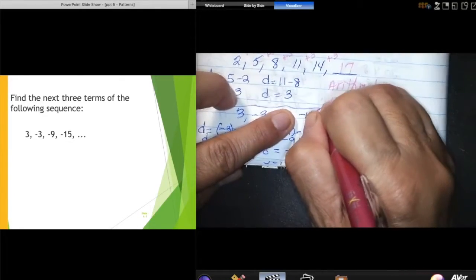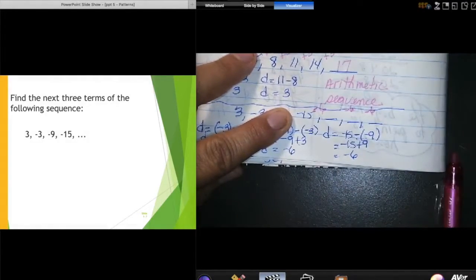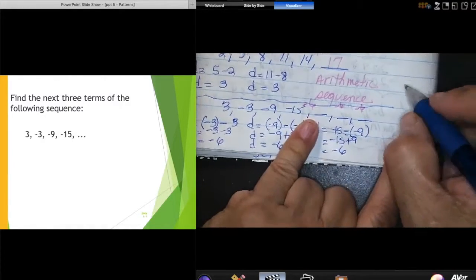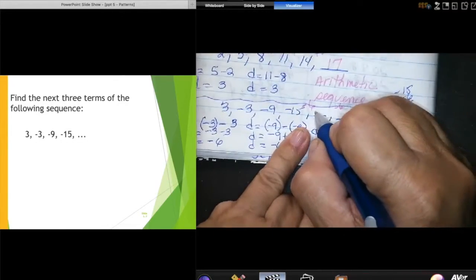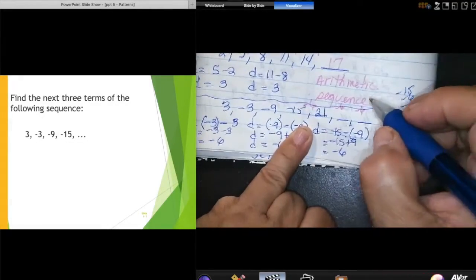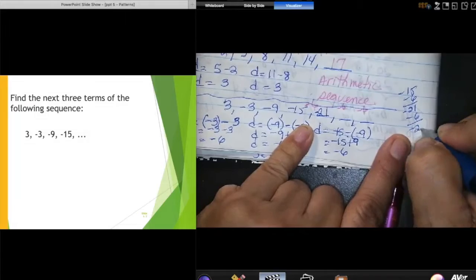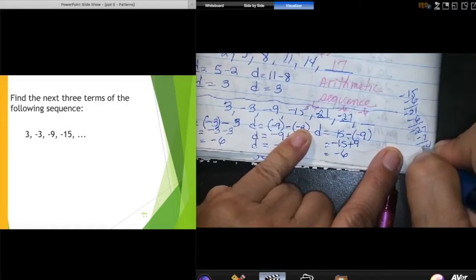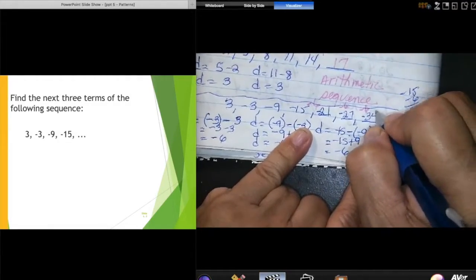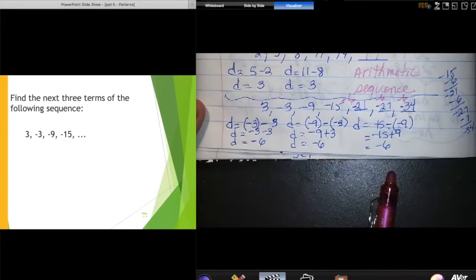So -15 plus -6 is -21. -21 minus 6 again, and -27 again. Okay, so that was a little exercise working with our negatives.